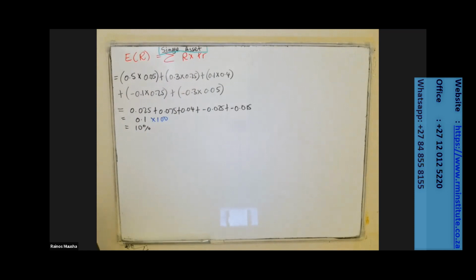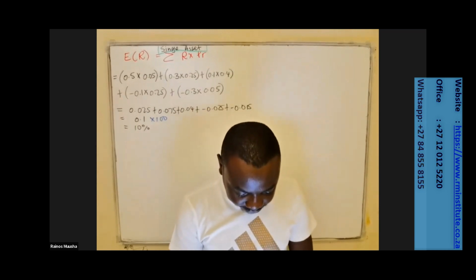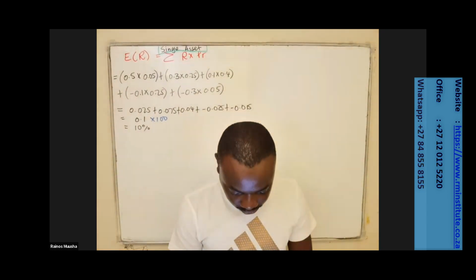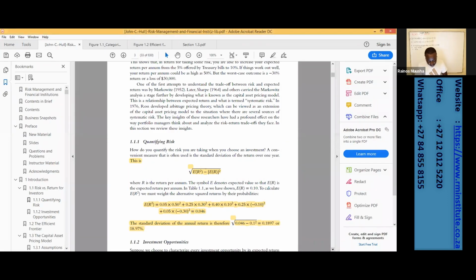Now, in the next section, we look at quantifying risk, and we look to see exactly how you quantify the risk. Remember, we're going back to the single asset, so we look at how you quantify the risk of a single asset.